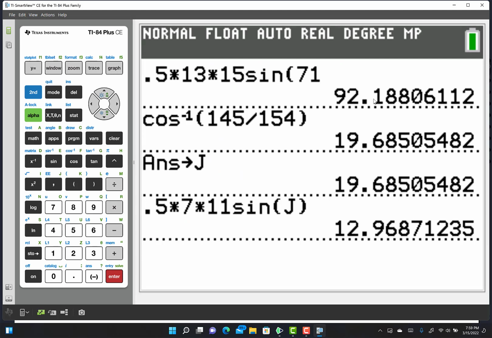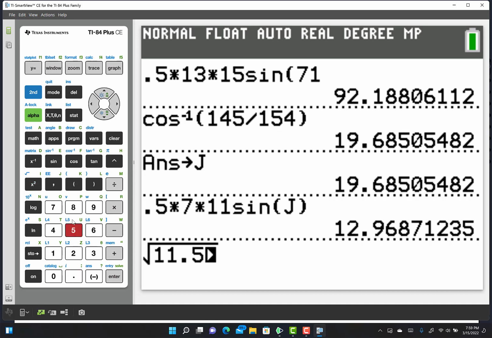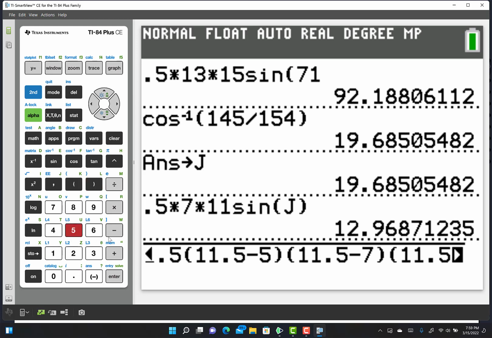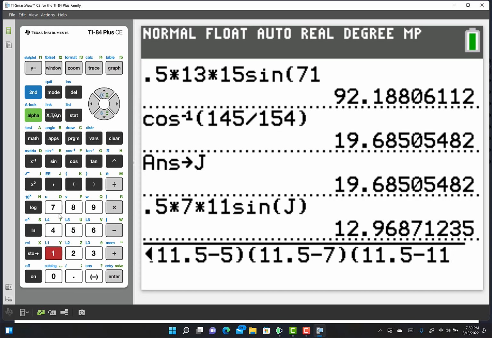And let's see. I'm not going to clear any of it because I want to see if I get that number right here. So I'm going to go second square root. I'm a little nervous, guys. 11.5, parenthesis, 11.5 minus 5, close, open, 11.5 minus 7, close, open, 11.5 minus 11.